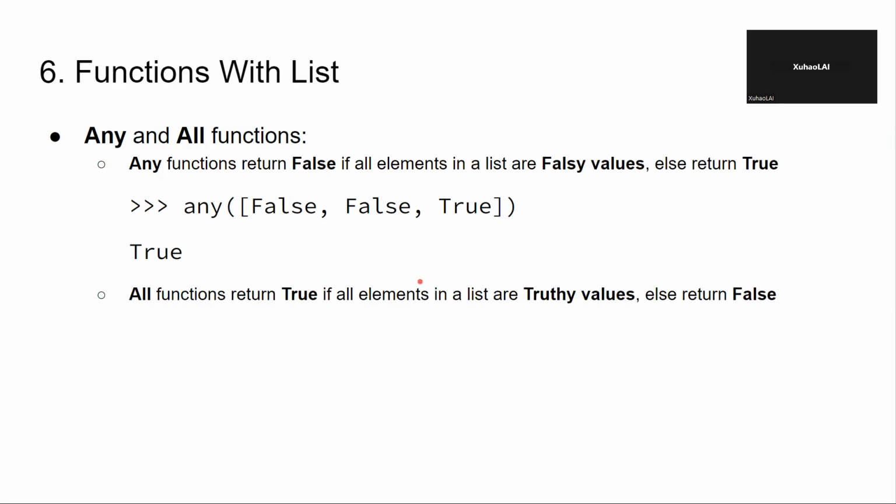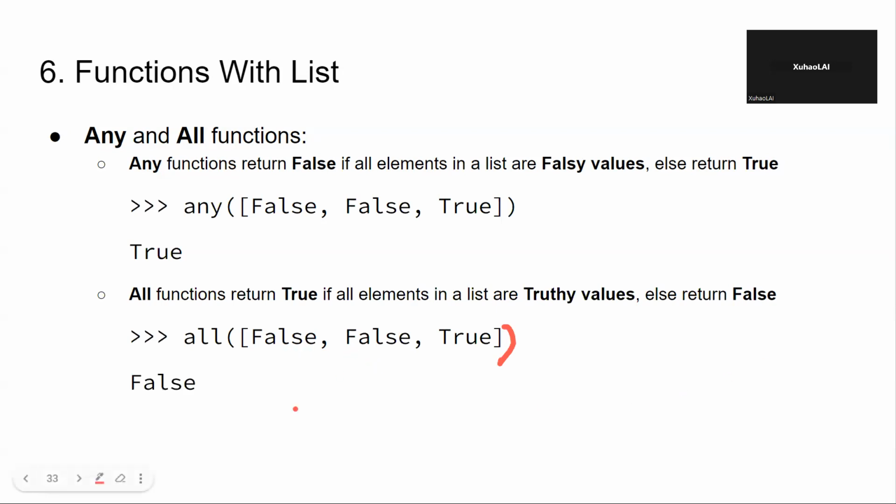The all function returns true if all elements in the list are true values, or else it returns false. So the all function means that I want to check if everything in a list is true. If one of them is false, then I will give you a false. So all of false, false, true means that I return false.